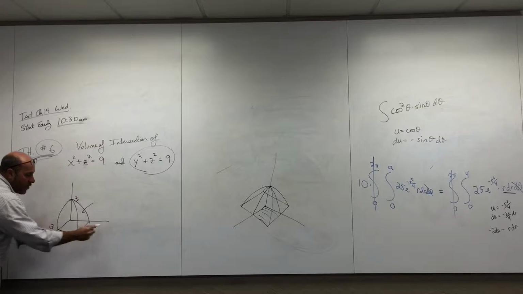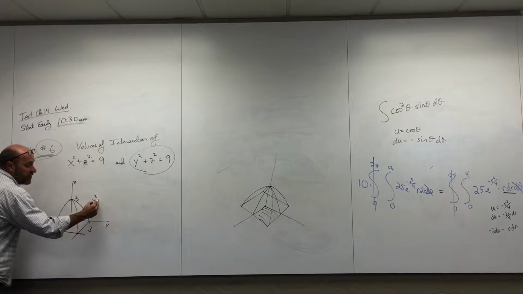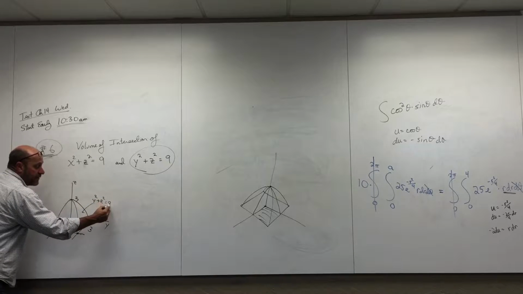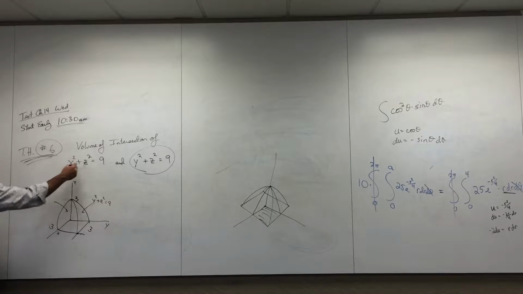It's hitting the YZ plane, so its name is y squared plus z squared equals 9. This one is hitting the x and z axes, so it's x squared plus z squared equals 9.